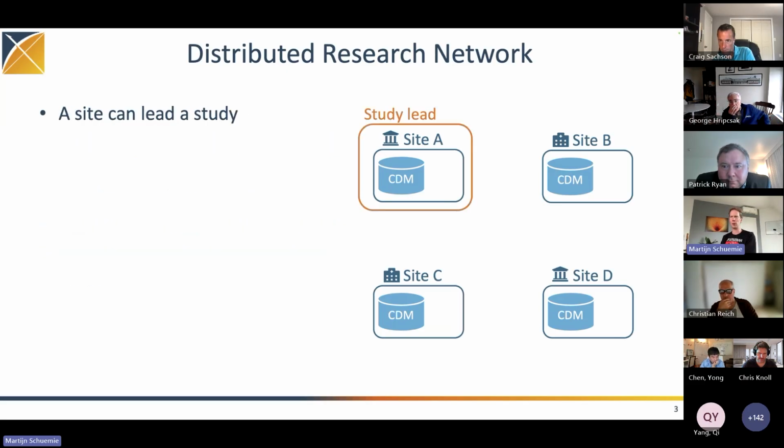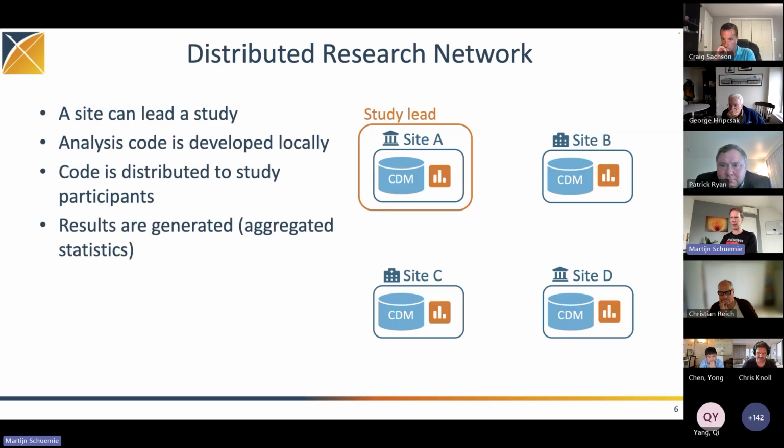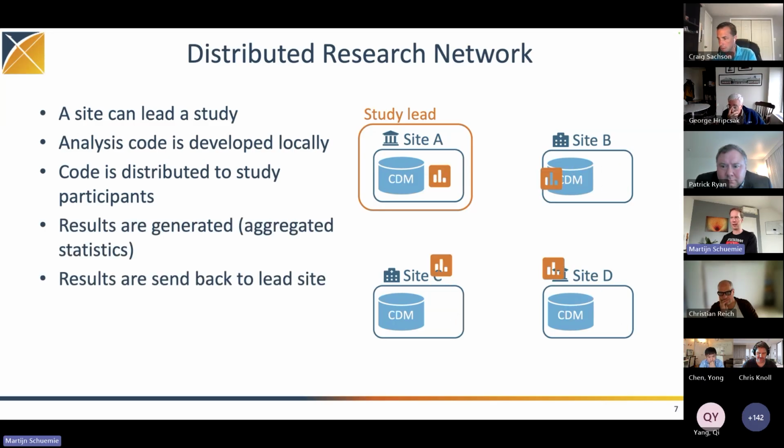And what that allows us to do is any of the sites in Odyssey could decide to lead a study, develop analysis code locally, for example, using Strategos, distribute that code to all the participants. They can then run it against their data and then share back aggregate data, which is not patient level data, so is therefore safe to be shared back. And then the coordinating site can synthesize those results to answer any question.